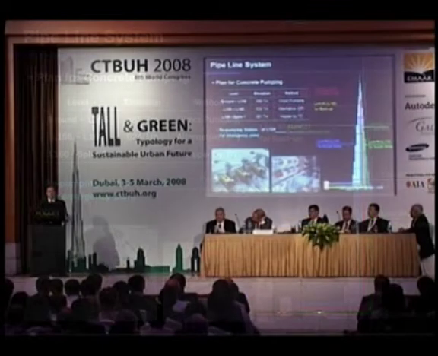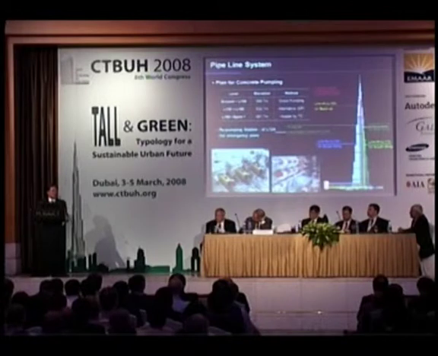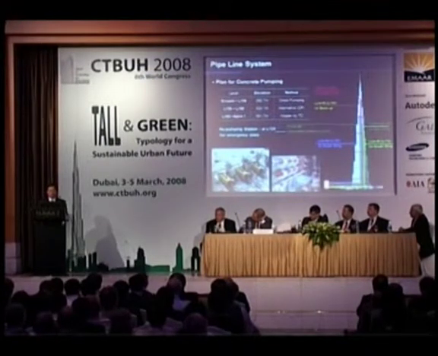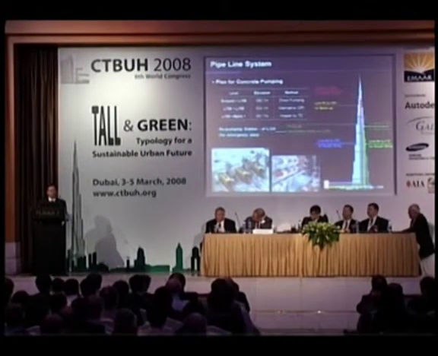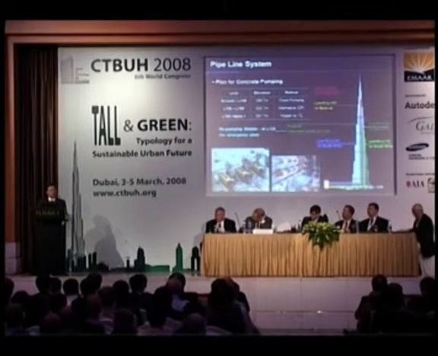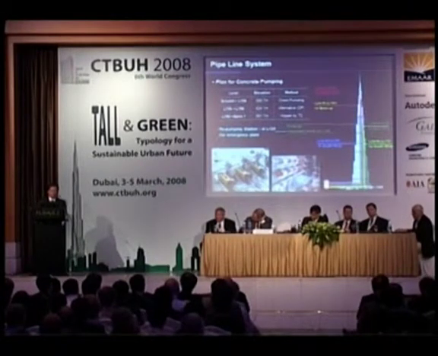If we were not able to reach the top level, we had a backup plan: an additional pump located at level 124, so we could receive the concrete from the ground level and re-pump to the designated area.